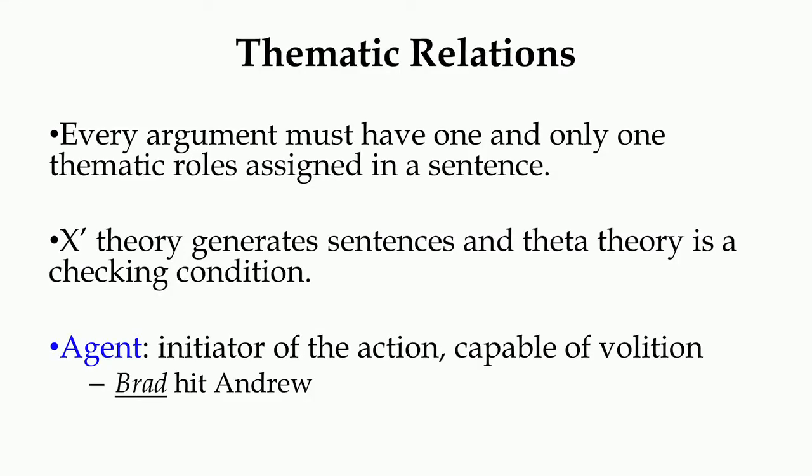There are lots of thematic roles for lots of different kinds of noun phrases in different situations, but we will only look at some of them. So the thematic role for Andrew will be either theme or patient, whereas the thematic role for Brad is an agent.